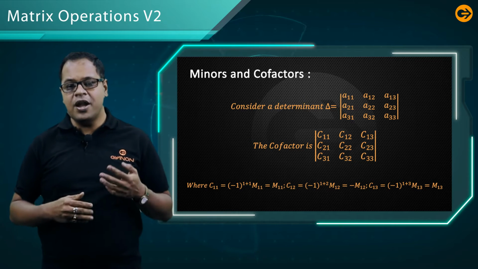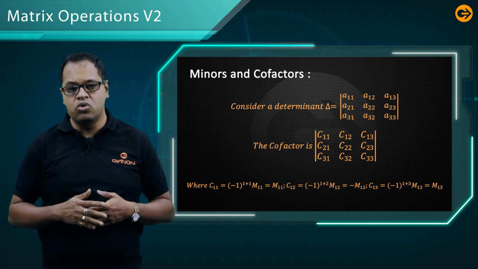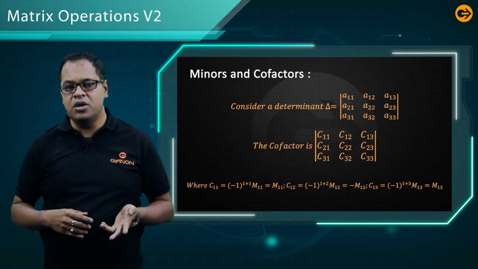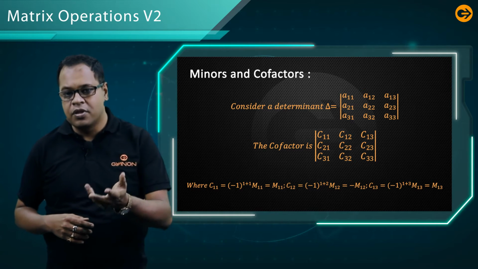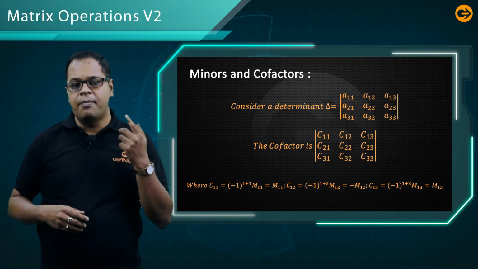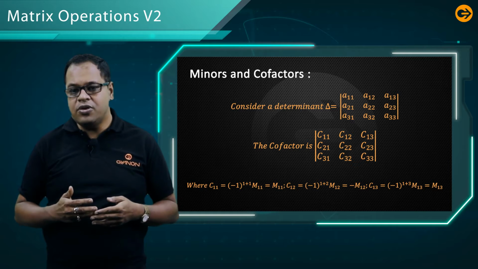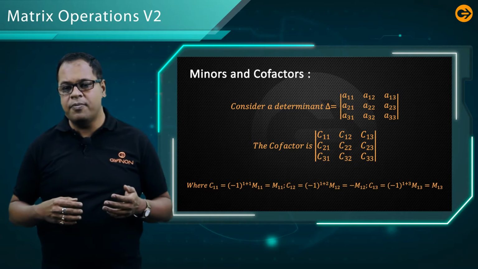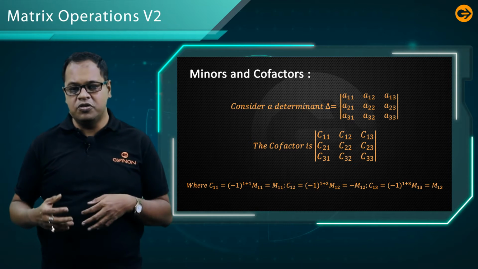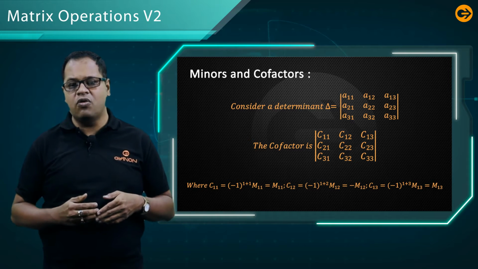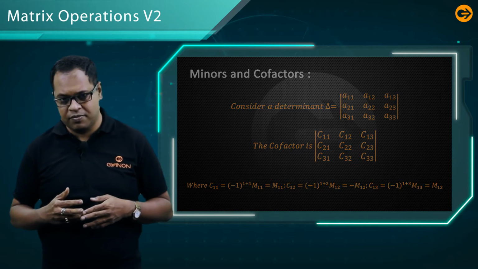It will be minus 1 to the power 1 plus 2 M12. So, minus 1 to the power 3 will be minus 1. So, C12 will be minus M12. What is C13? It will be minus 1 to the power 1 plus 3 capital M13, which is equal to M13. Similarly, we can find the cofactors of the other elements.